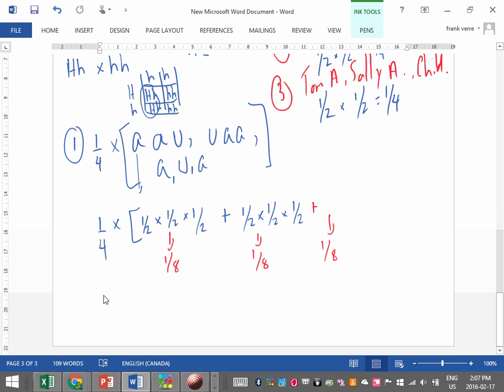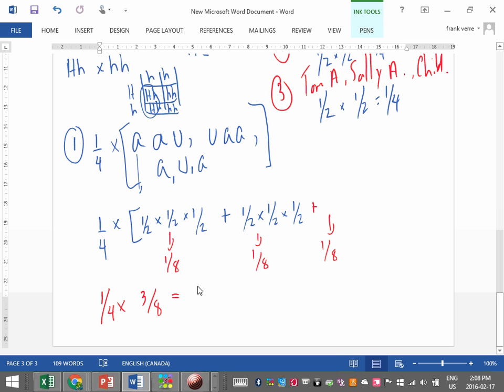So for the first scenario where Tom is affected and Sally is not, the final answer for that section would be 1/4 times the sum of 1/8 plus 1/8 plus 1/8, which is 3/8.